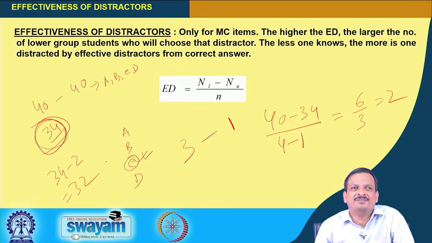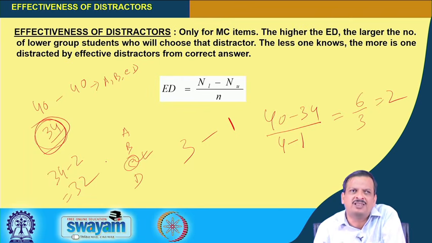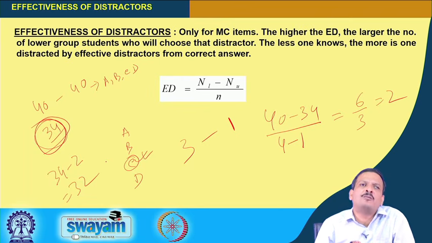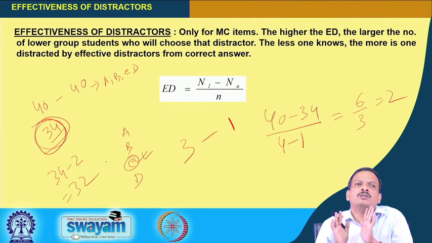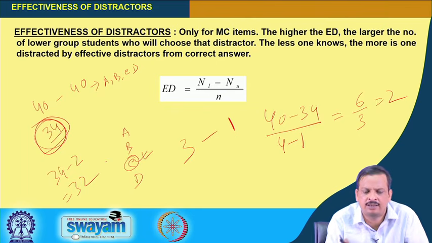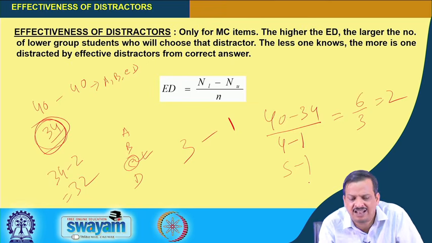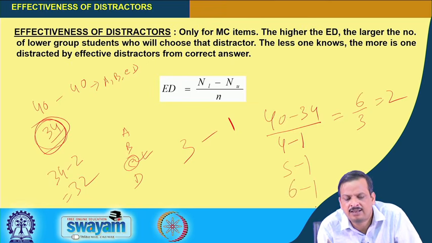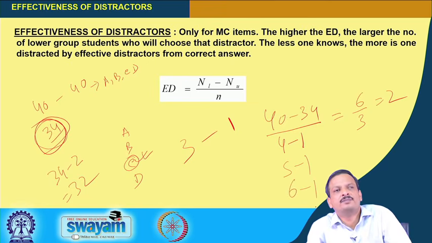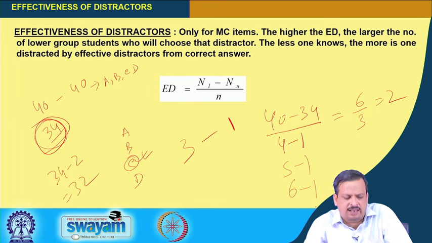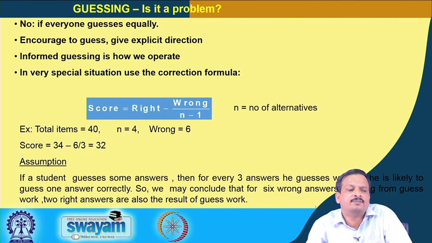So, total marks minus marks obtained by the student, divided by the number of choices minus 1. If there are 5 choices, then it is 5 minus 1. If there are 6 choices, then it is 6 minus 1. Okay? So, I can easily calculate how much marks students can get by guessing, and this is the slide.